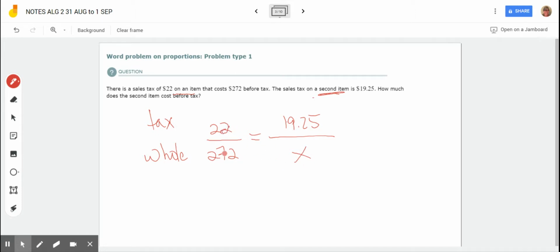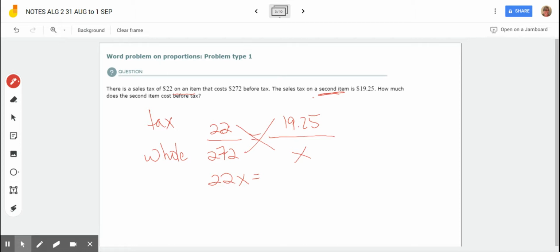So again, cross multiply. You're going to get 22x is equal to 19.25 times 272. Let me get my calculator out. How about you guys do it before me?